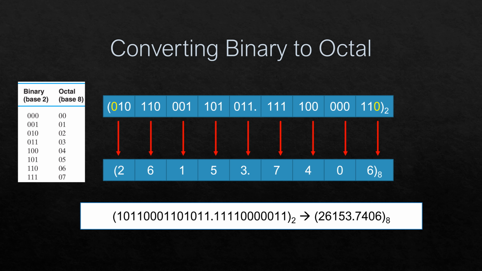So our resulting octal number from 10110001111.1111000000 11 binary is 26153.7406 octal.